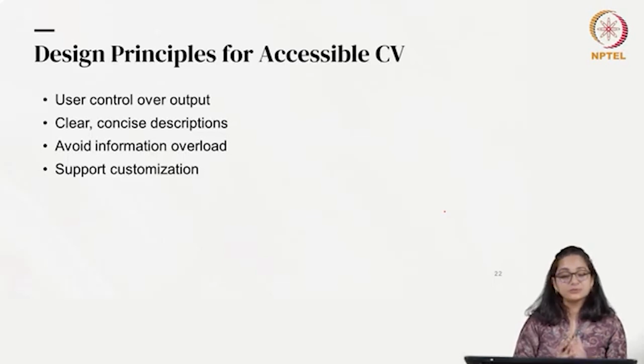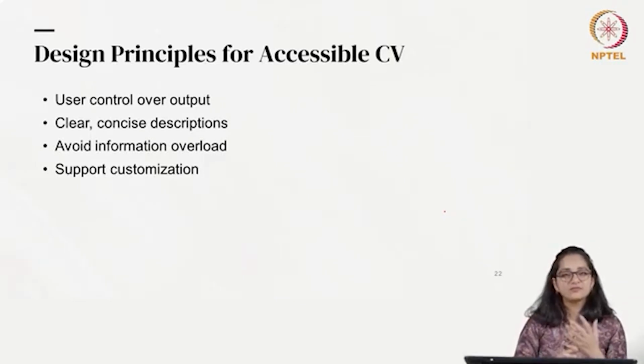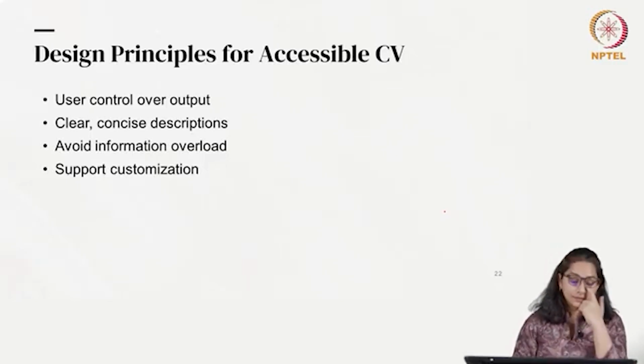Some design principles for accessible computer vision: first is user control over output. So it should ask the users to personalize how and in what way they want to listen to the output. If it is entirely narrating everything, it can be very overwhelming. Then it should be a clear and concise description.